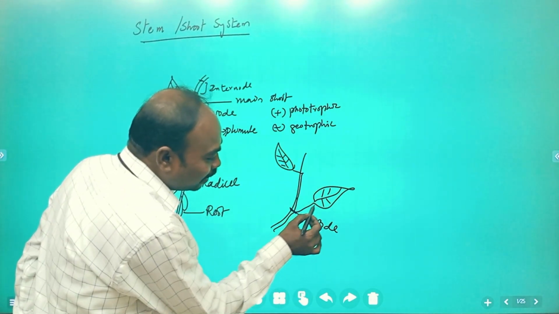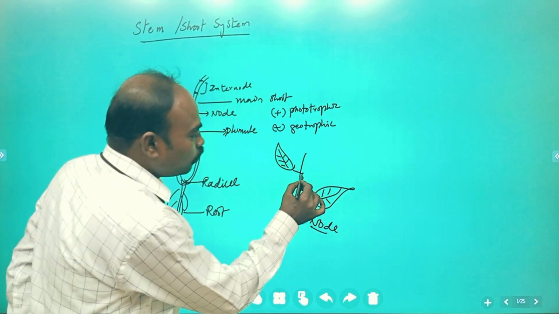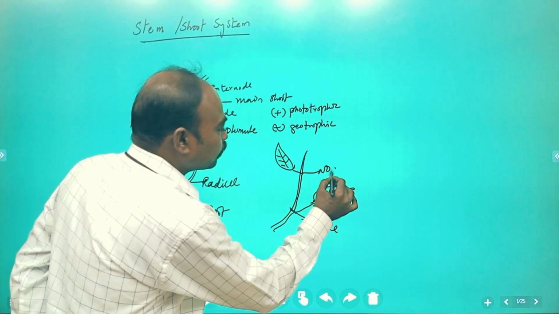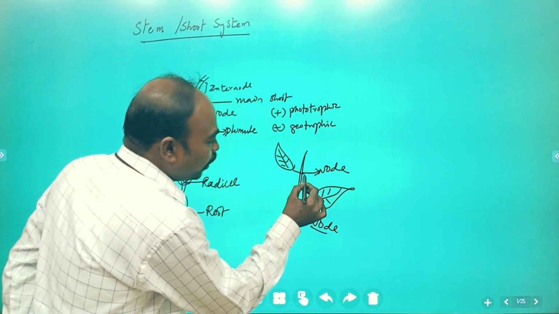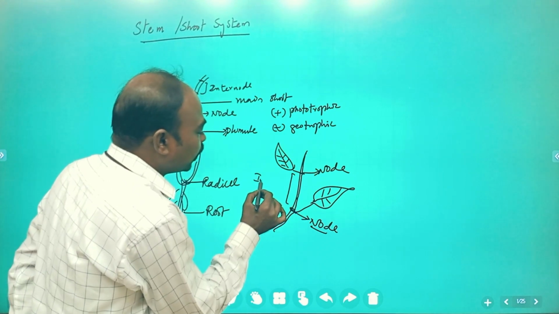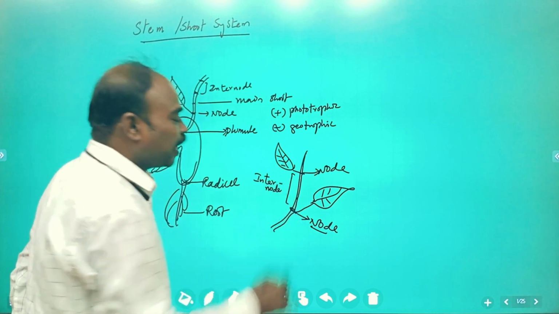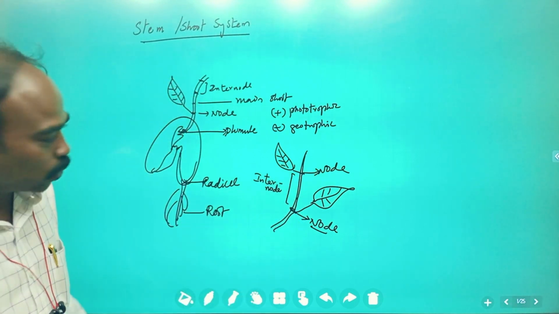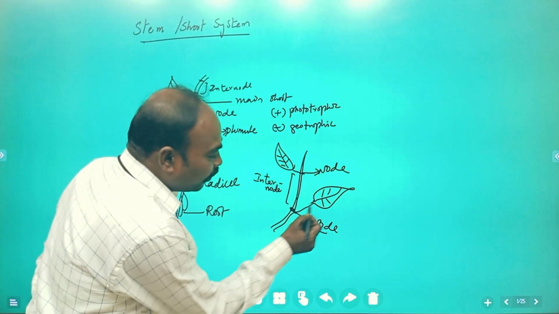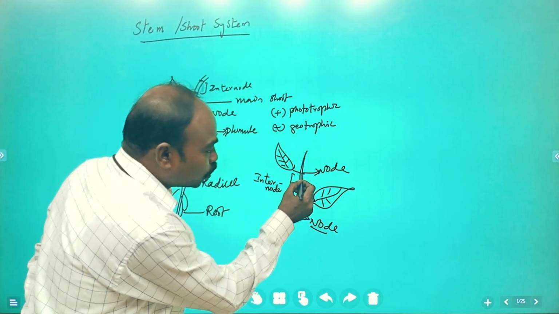On the stem, where leaves are developed is said to be a node. In between two nodes, the length of shoot is otherwise called what? Internode. So, the leaves are developed at particular places on the shoot.